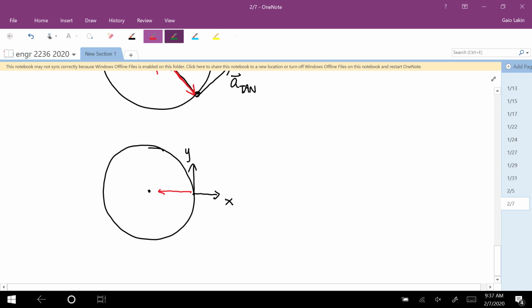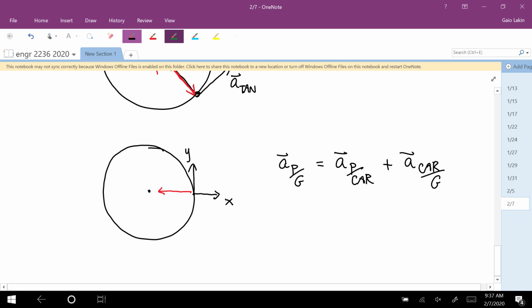So we have this force pushing on us like that. The acceleration of the passenger relative to the ground is equal to the acceleration of the passenger relative to the car plus the acceleration of the car relative to the ground.